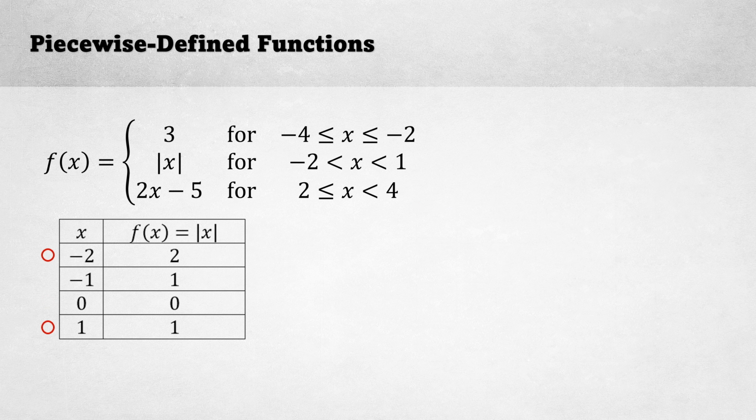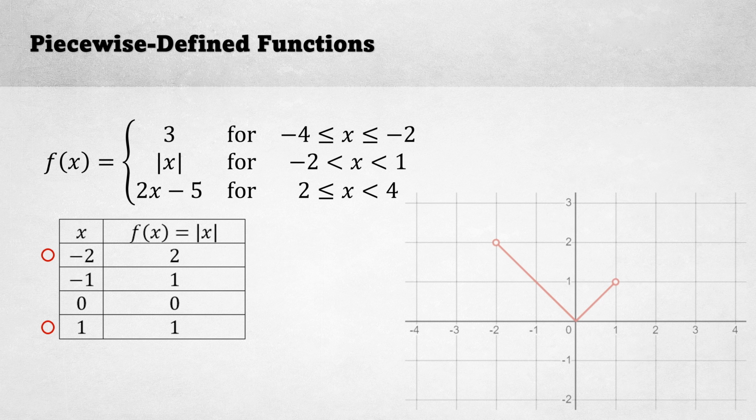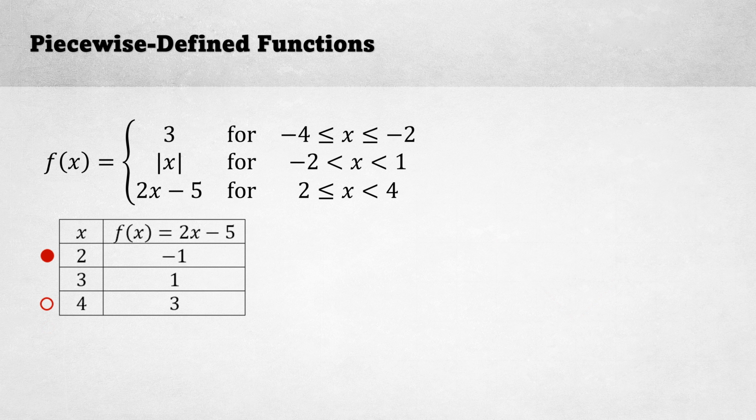Starting from -2 to 1, we find values for the second piece. I will mark points (-2, 2) and (1, 1) with open dots to remind myself that the endpoints of this piece are open dots because they are not included. Using these points, we graph the second piece on the grid. Starting from 2 to 4, we find values for the third piece.